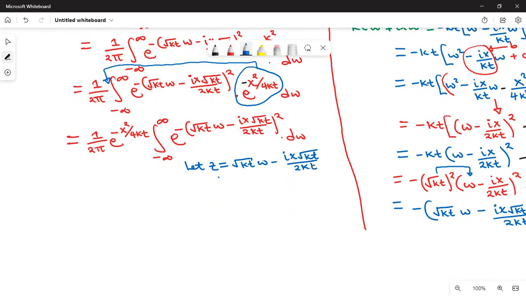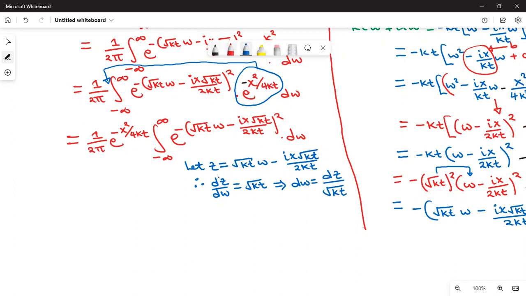Let that be z. So from here, you can just say therefore dz d omega, because we are moving now from omega to z, is simply the square root of kt. You can as well say that d omega, when you make it the subject, will be equal to dz over the square root of kt.